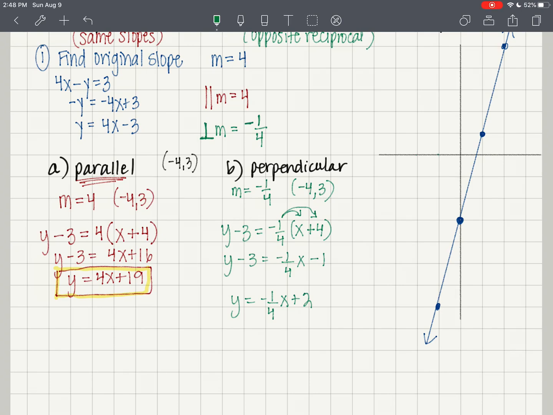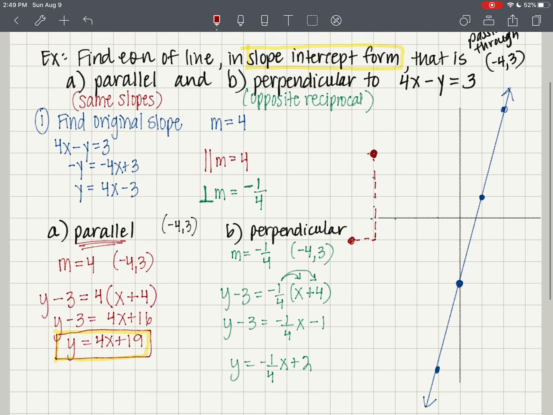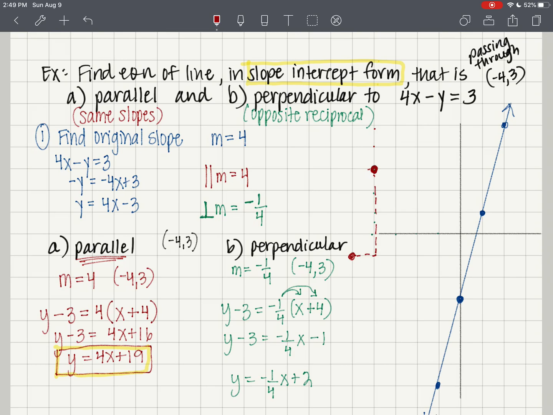If I put a -4 in, I would get a 3 out. And if I put a -5 in, I would get a -1 out. So you could see down 4, left 1, and I could go up 4, right 1.